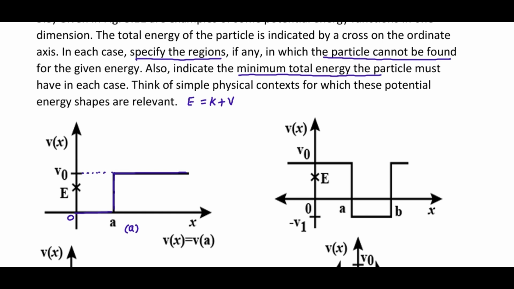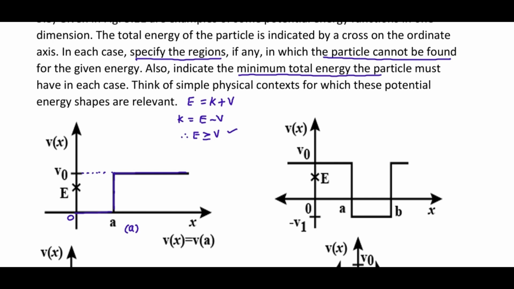From this, kinetic energy is equal to E minus V. That means kinetic energy is always positive or 0, it can't be negative. Therefore, E should be more than or equal to V. This is the condition.